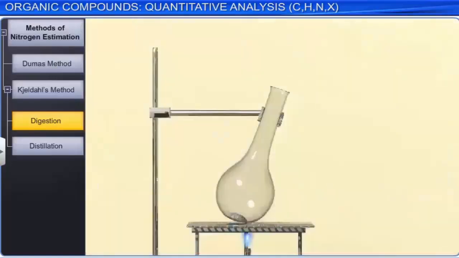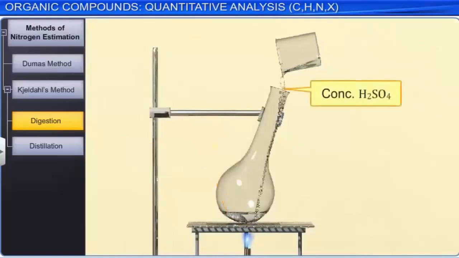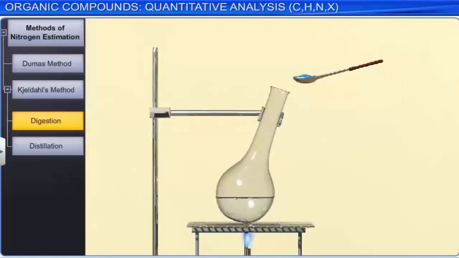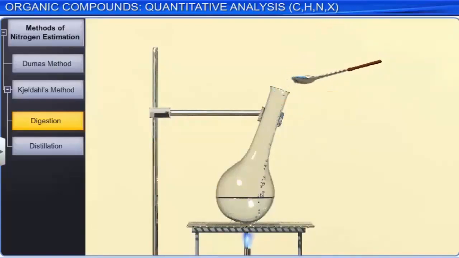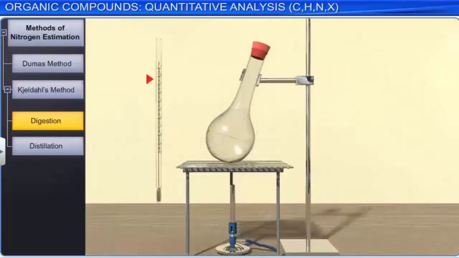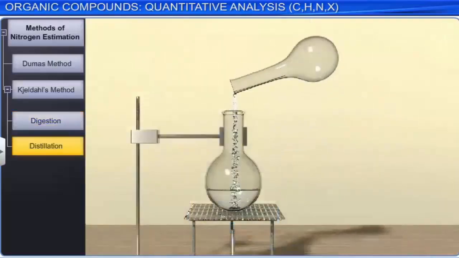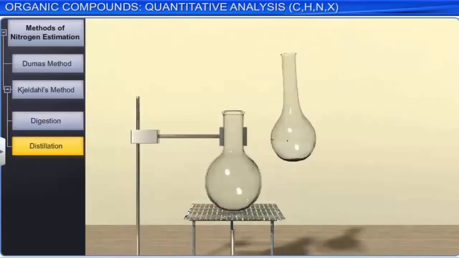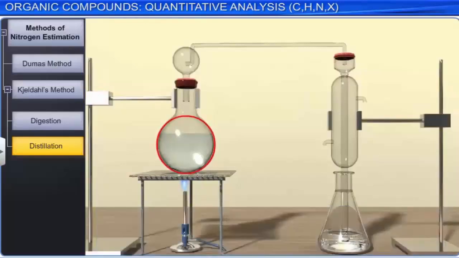This is achieved by heating the compound in a Kjeldahl flask with concentrated sulfuric acid in the presence of a small amount of copper sulfate. Now, the contents of the flask are cooled and transferred into a distillation flask and heated with concentrated sodium hydroxide to liberate ammonia gas. This is the distillation stage.